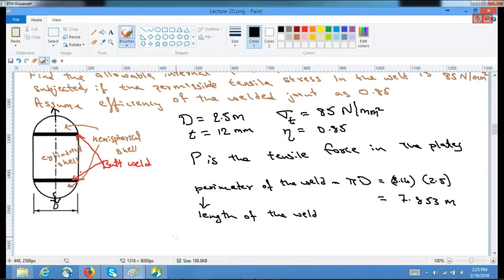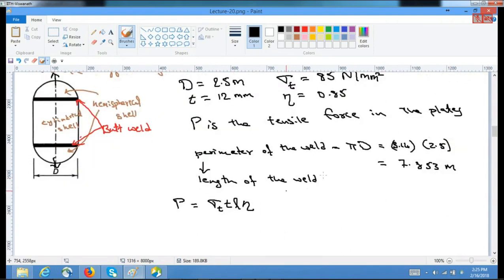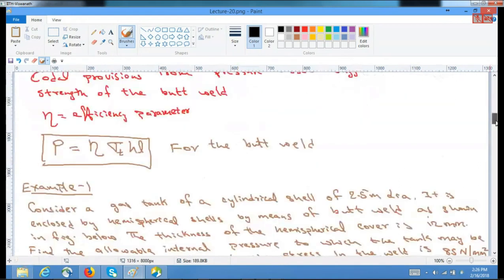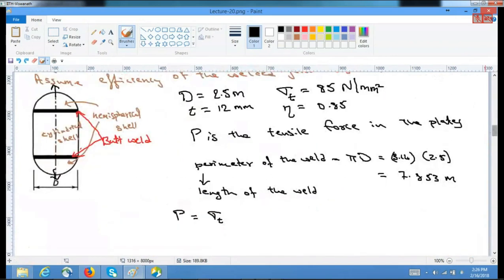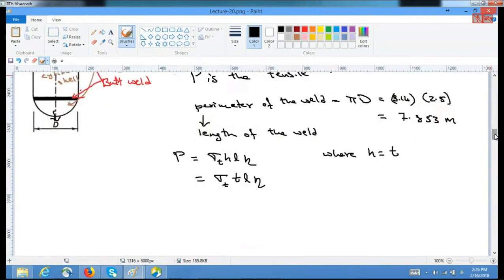So according to our formula, P is equal to sigma T into T into L. If you go by the previous formula, H L eta, where the throat thickness is equal to the thickness of the plate, I can write it as sigma T T L. This is the throat thickness of the butt weld.